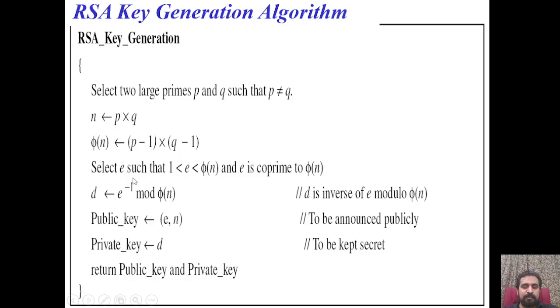The value of E will be the public key exponent. To compute the private key exponent D, we need to find an integer D such that D times E equals 1 mod phi of N. This can be done using the extended Euclidean algorithm, which we discussed earlier in our mathematical formulation chapter.